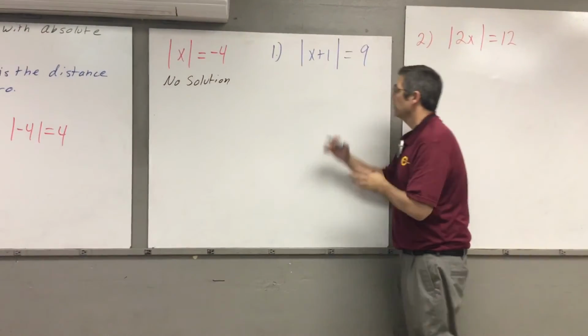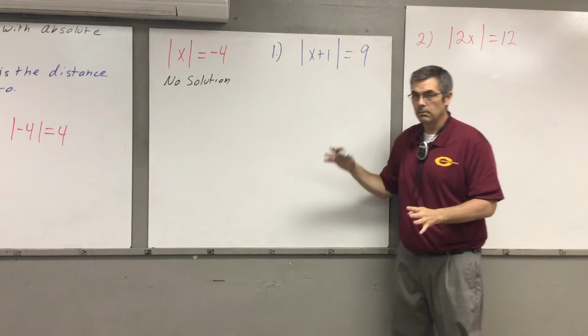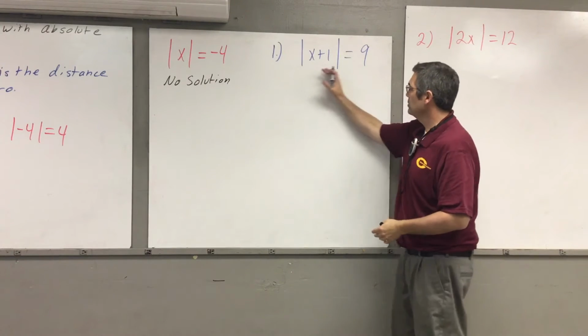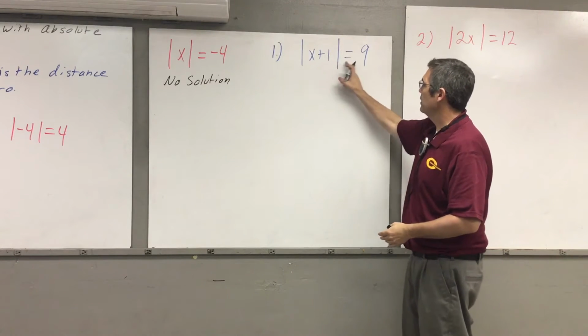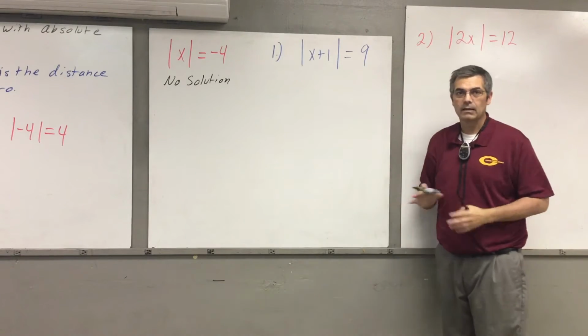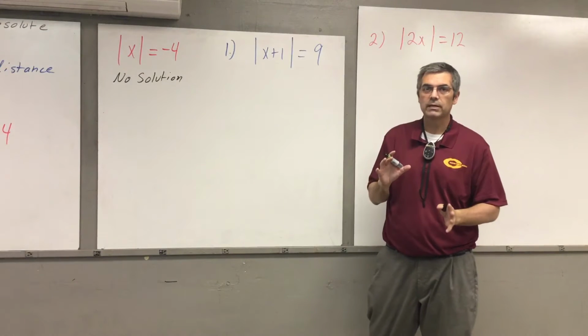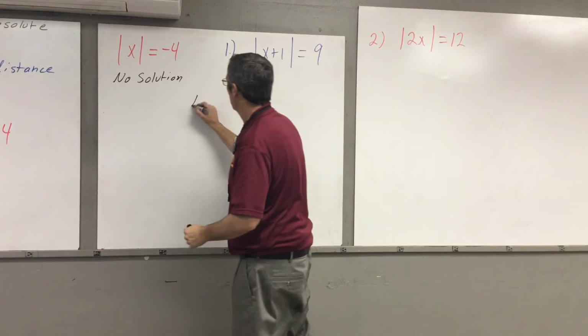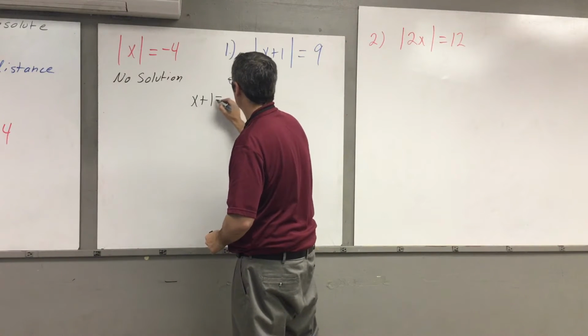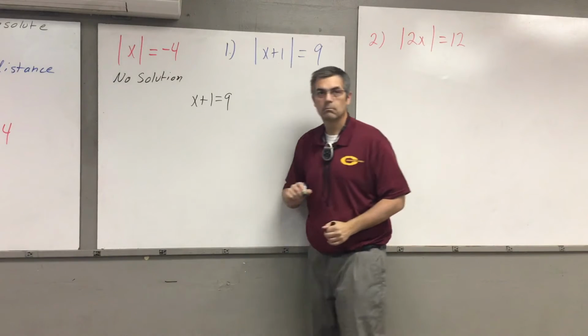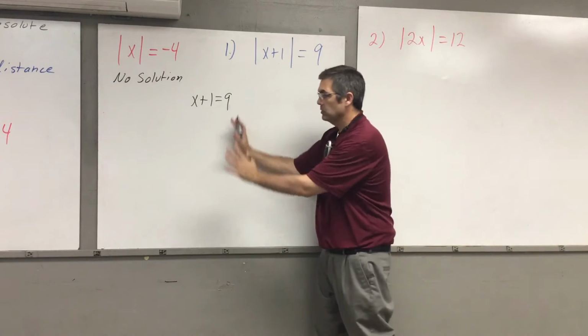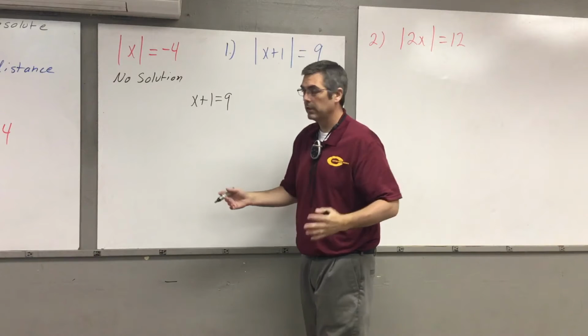All right? So here's our first problem. The absolute value of x plus 1 equals 9. All right, so we can solve this pretty much like an equation. x plus 1 equals 9. So we'll solve this just like we normally did.